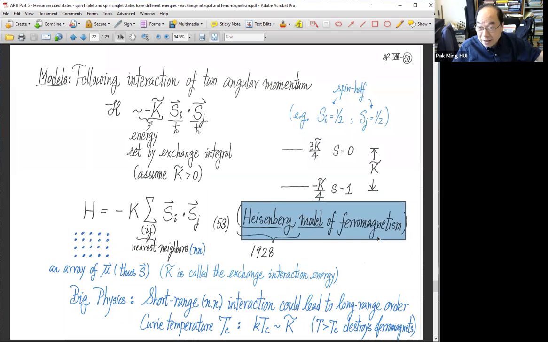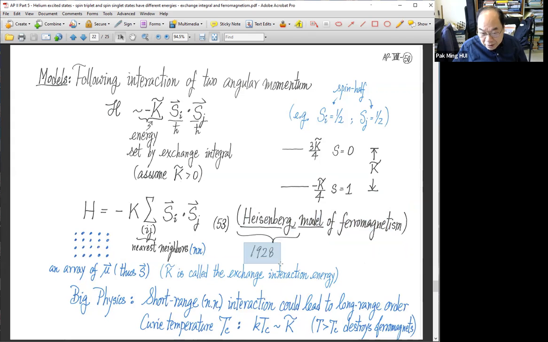Now, that is nothing surprising. It is very quantum mechanical in its origin. I mean, this K comes from the exchange integral, or people will call it Heisenberg exchange energy. It was proposed in 1928.